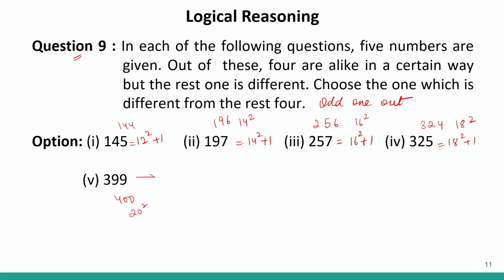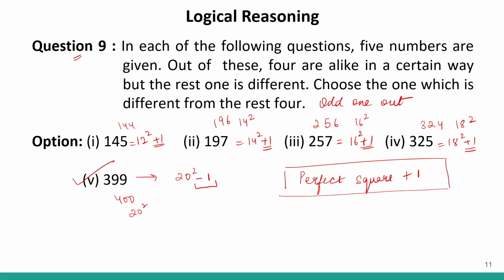But over here, 399 is basically 20 square minus 1. So in all these options, I have added 1 to a perfect square. But only in this option, we have subtracted 1. So option number 4 is the odd one out. So the logic used was perfect square plus 1. This was the logic used. Okay.